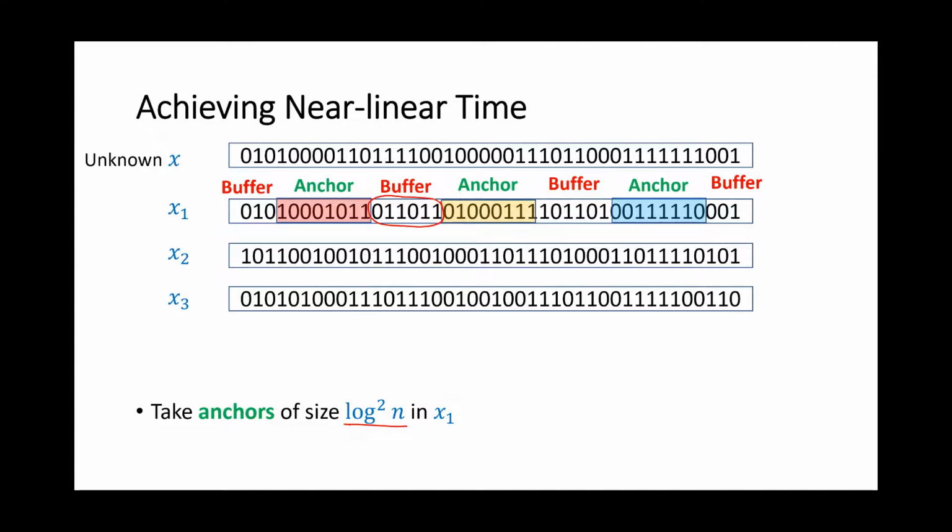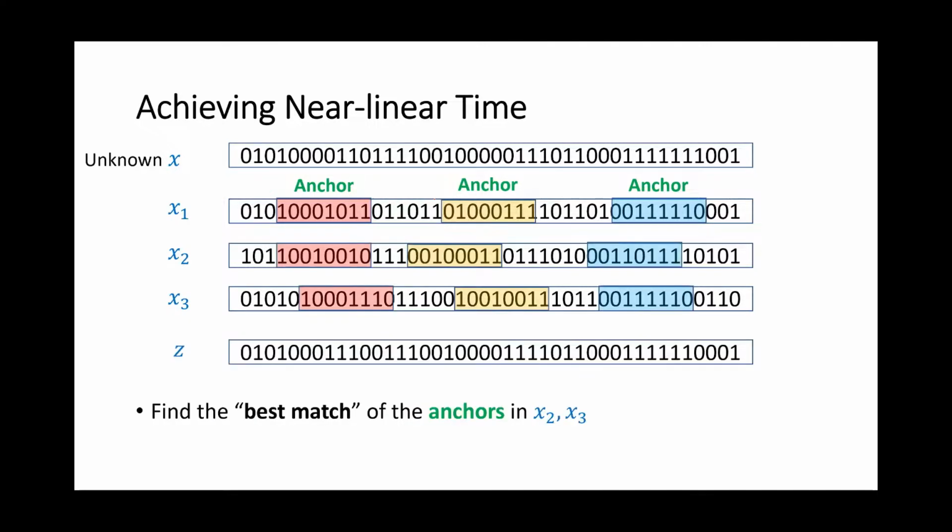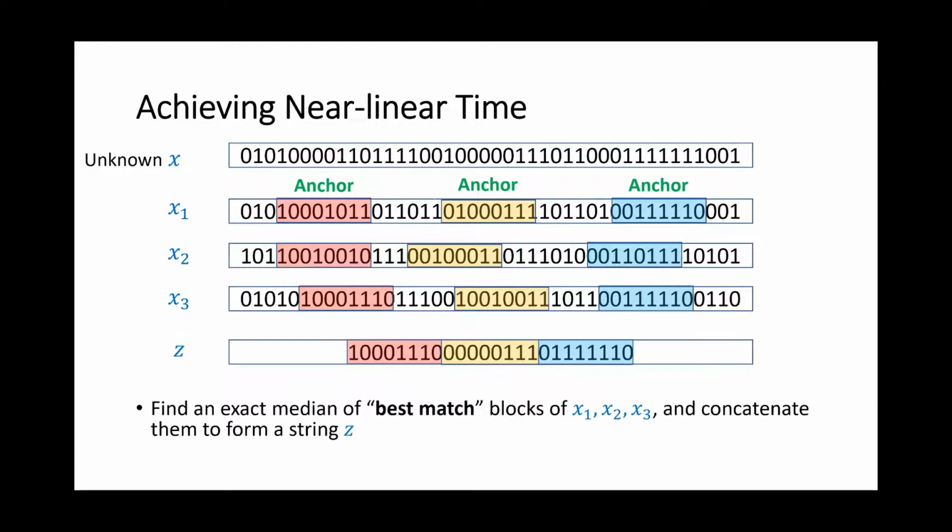Okay, so now for each anchor, find the best match in x2 and x3. When I say best match, I mean that we find the closest substring of each anchor with respect to edit distance. Okay, and then just find the median of these blocks and concatenate them.